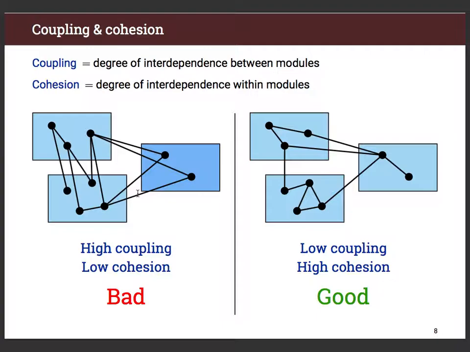And it's also difficult to understand this module. I have to go and look at all the other places. How is it used? If I have to replace it, what can I do in those places to change? This is a good situation. It's got high cohesion, so the functions inside this module call each other a lot, and it's got low coupling. It's only called from a few places.